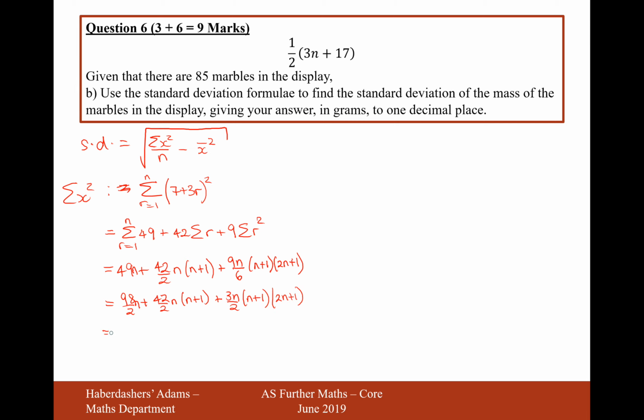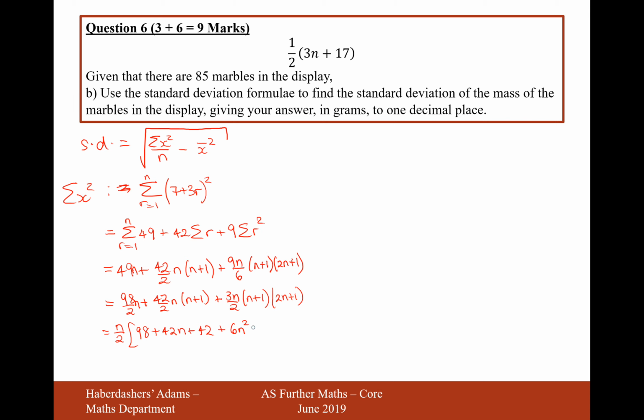Let's factorise it now, so it's going to be n over 2 brackets 98 plus 42n plus 42, expanding the brackets on the n plus 1. Then it's going to be 3 times n times 2n, so that would be 6n squared.